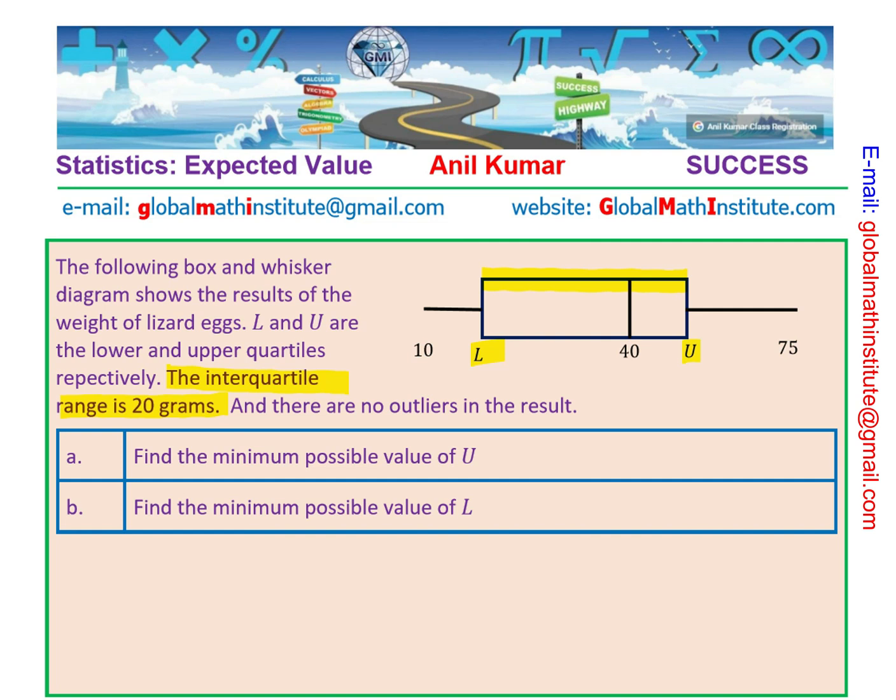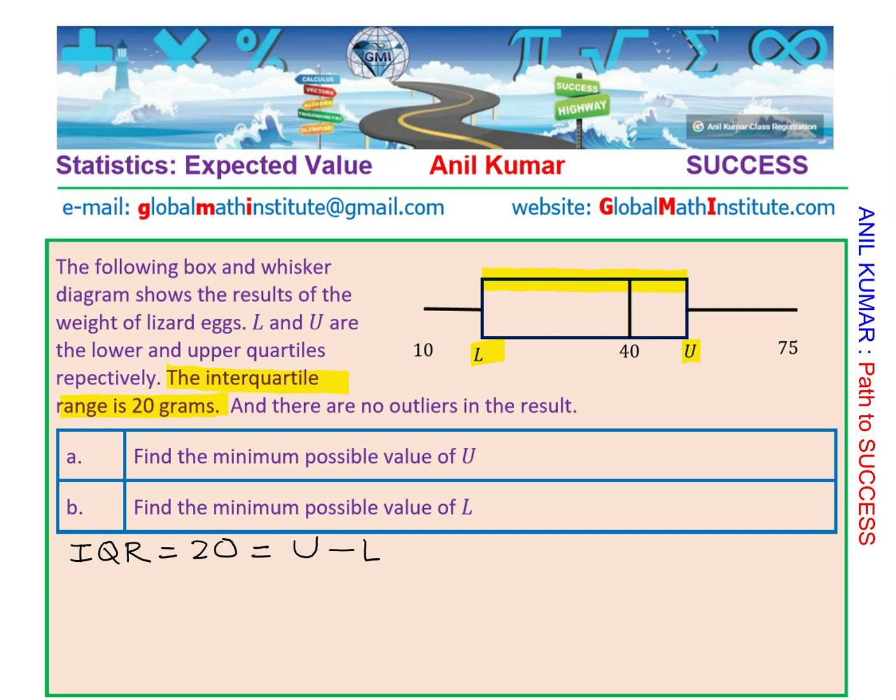So, interquartile range, IQR we can write, is given to us as 20, and basically it is difference between U and L in this particular case. So that gives us one equation from where we can find one of them.